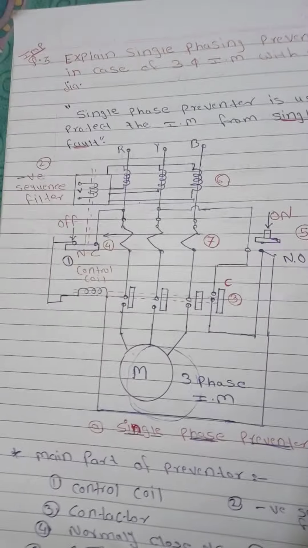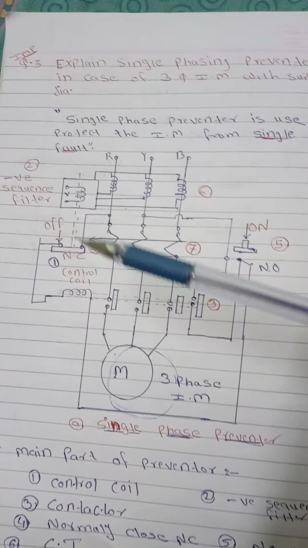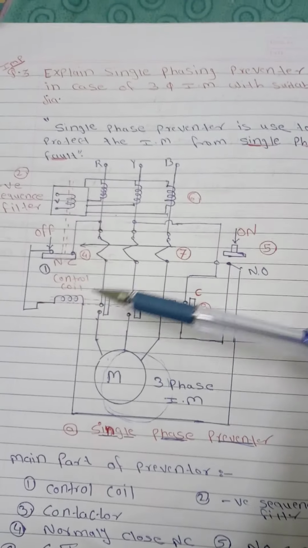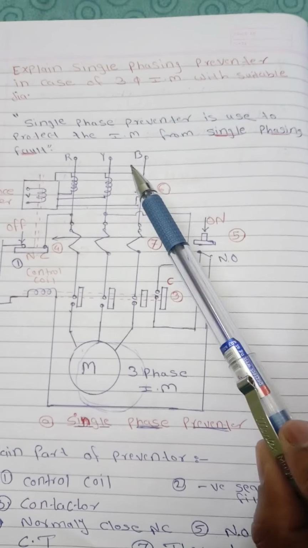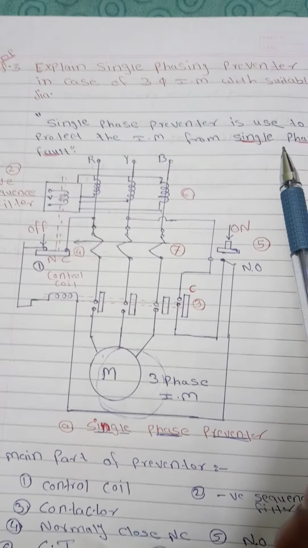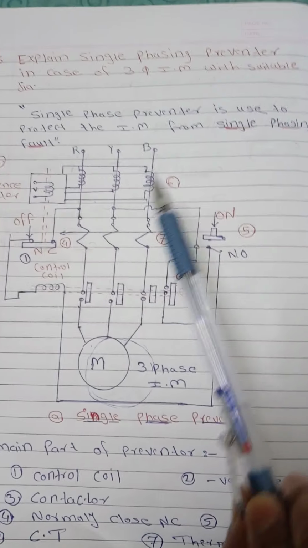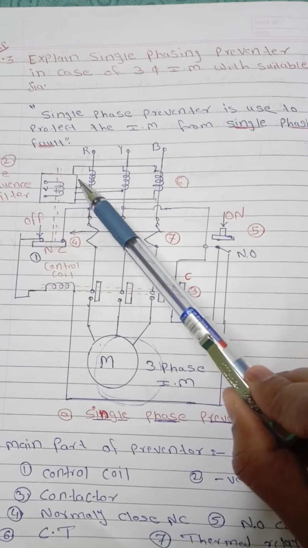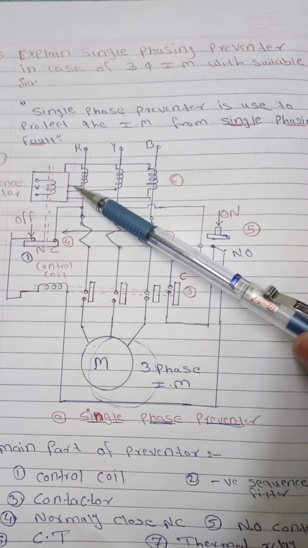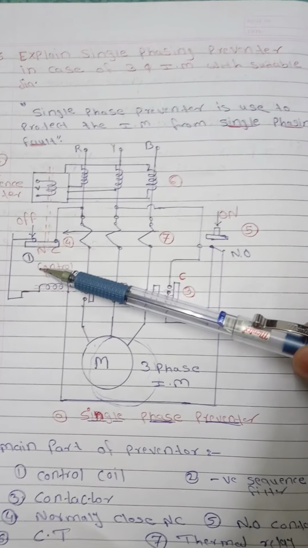Now the working. All the parts are connected in the protective circuit of the motor. The preventer circuit is connected to the secondary of the CT, and the RYB line is connected as the primary of the CT. The negative sequence filter output is fed to a level detector.